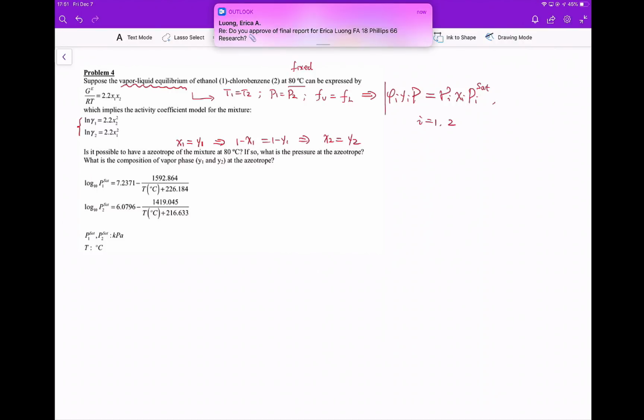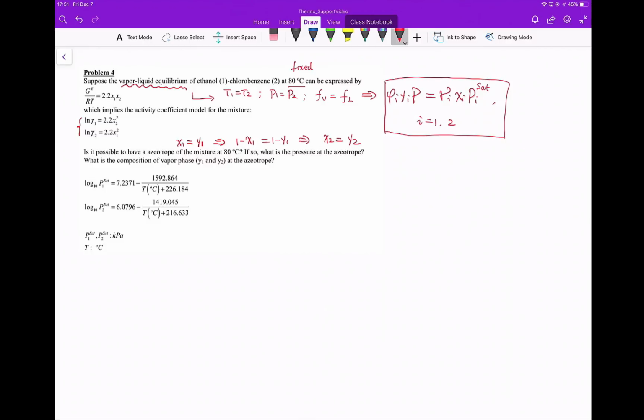So that is the very general VLE equation we have to satisfy in order to achieve equilibrium in the first place. The known condition is that we need to satisfy x1 is y1, x2 is y2. This is the provided information.